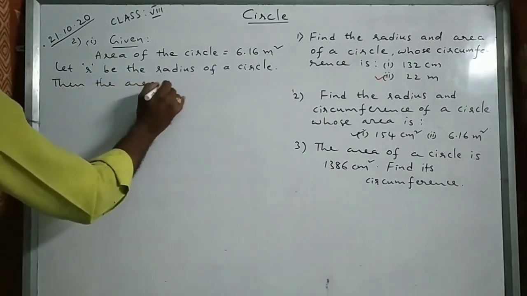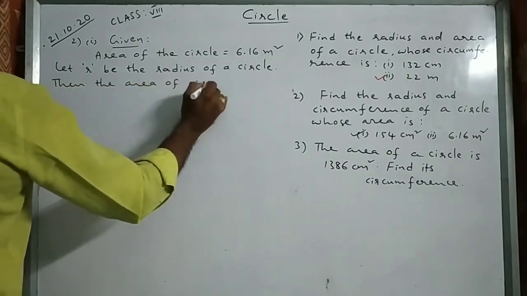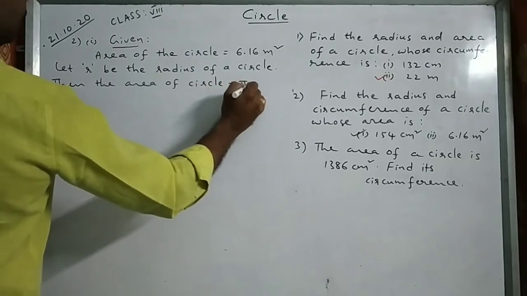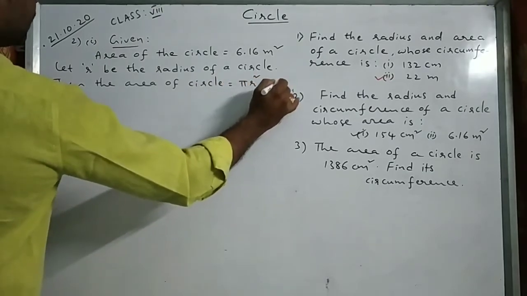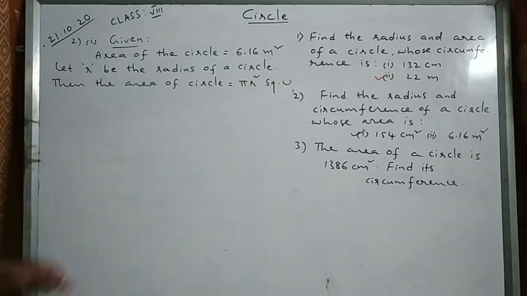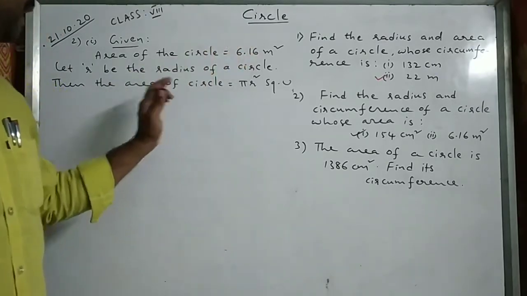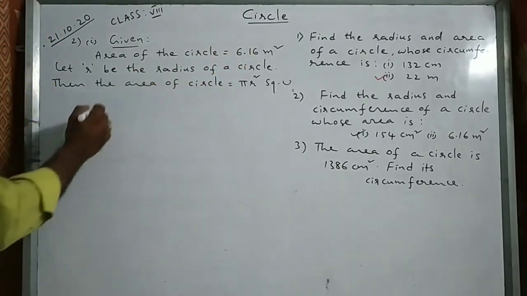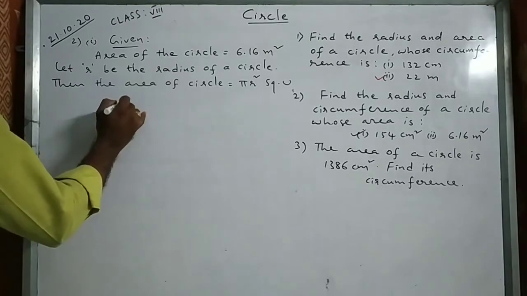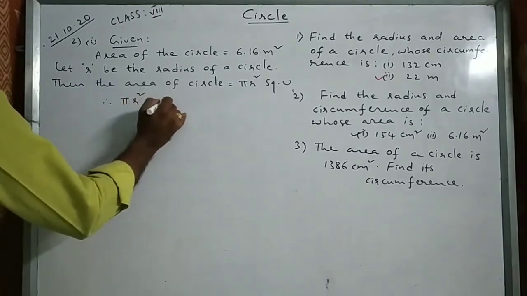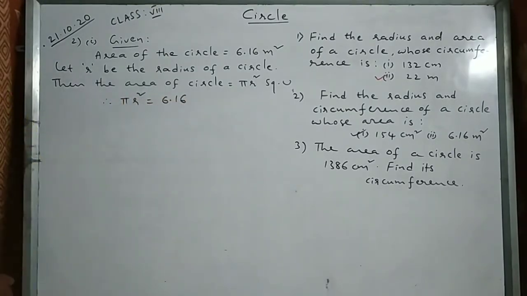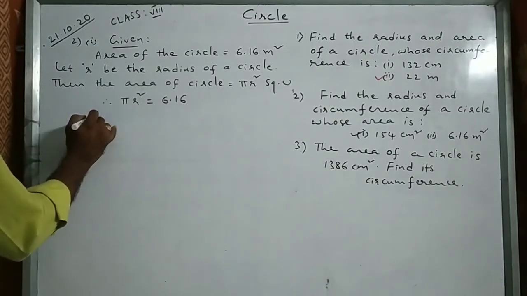The area of circle equals pi r square units. We are given the area, but we know the formula for area. What is the formula for area? Pi r square. So pi r square equal to 6.16. So from this I have to find the value of r.